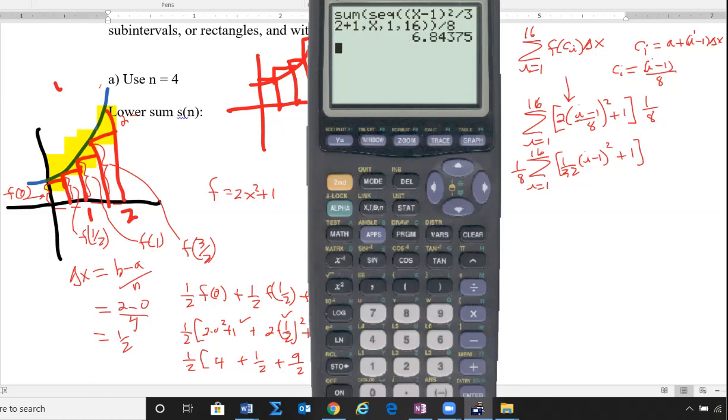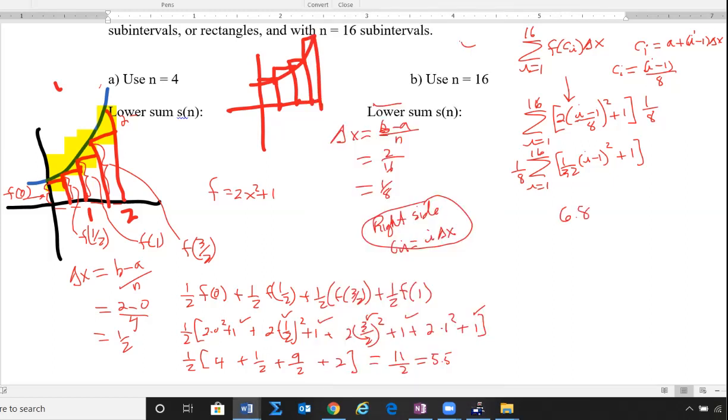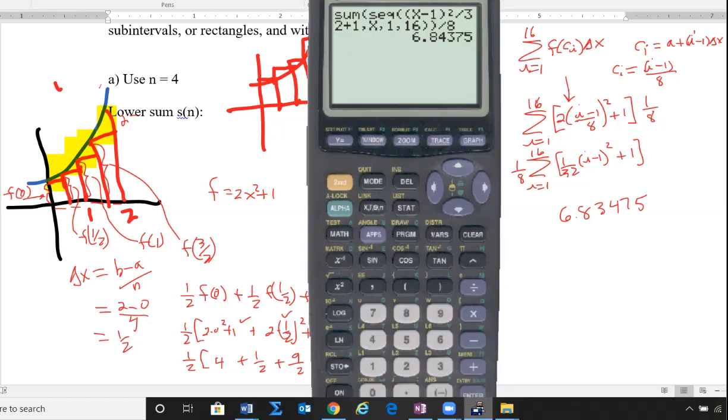Okay, so there's my estimate. It's an approximation, 6.84375. Okay, I just put that over here. I got those two mixed up, it's 6.84375.